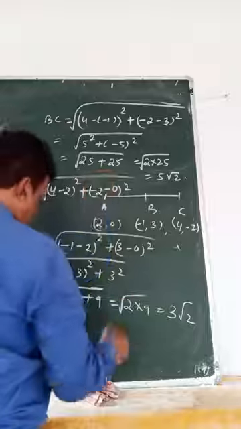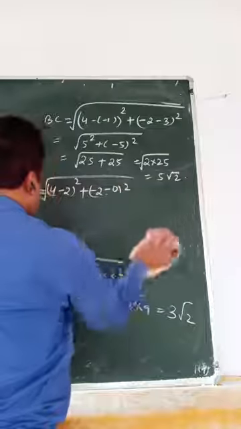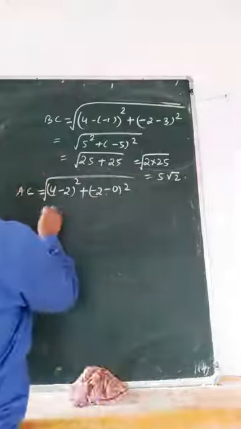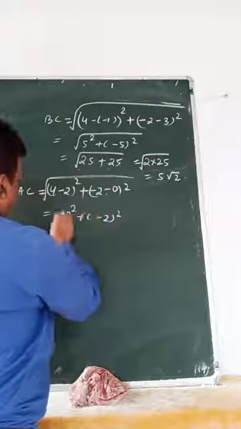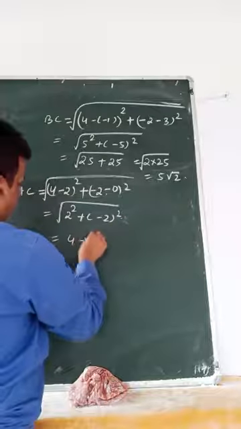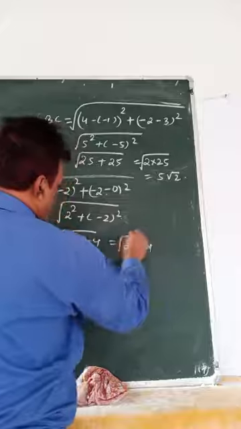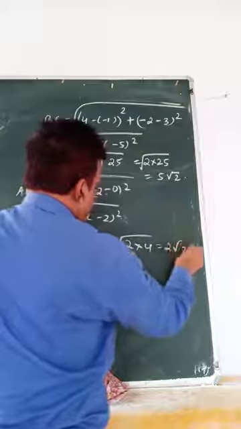So that is 2 square plus (-2) square. So that is 4 plus 4, which means 2 times 4. Root of 4 is 2, so 2 root 2.